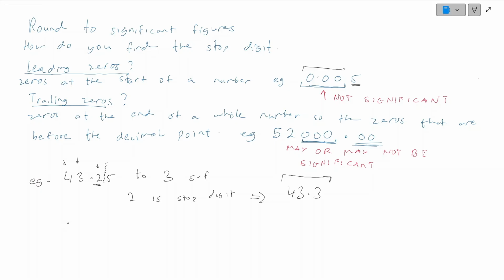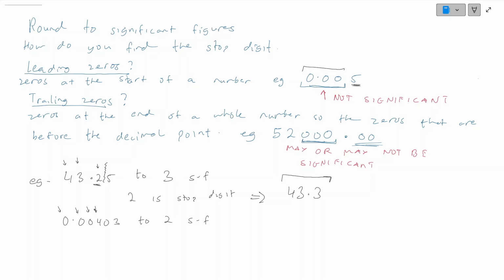For the next example, let us take a look at a case of leading zeros. 0.00403, and we want to round this off to 2 significant figures. For that, we'll have to count those 2 significant figures. Remember, leading zeros are not significant. Therefore, this is not significant, this is not significant, this is not significant.